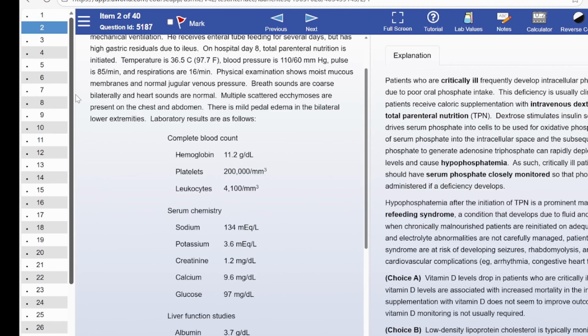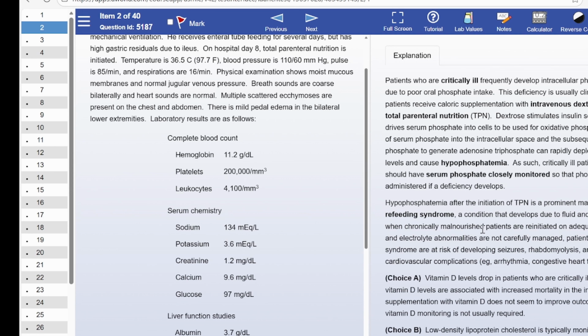One more important thing I want you all to know here is to always keep a timer of around 2.5 to 3 hours for each block of UWorld, that is around 40 questions. 1 hour is to take the test and around 1.5 to 2 hours to read the explanations of all the questions.